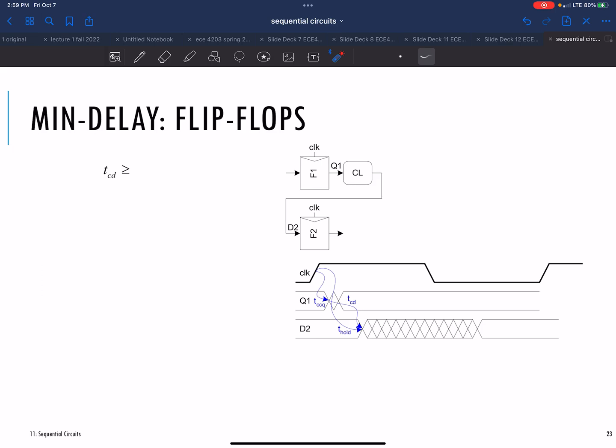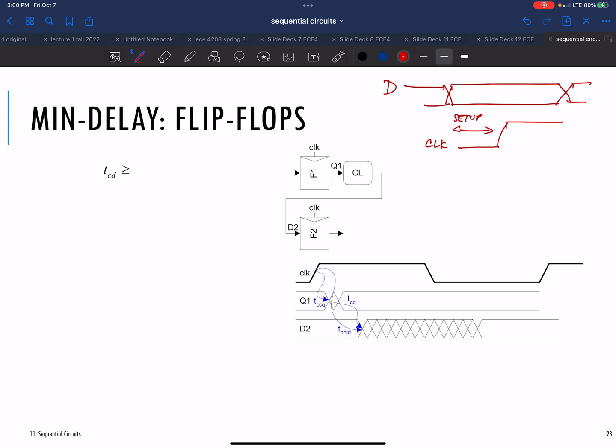Basically, you have your clock edge, and you have D. If this is the setup time, this is the hold time.